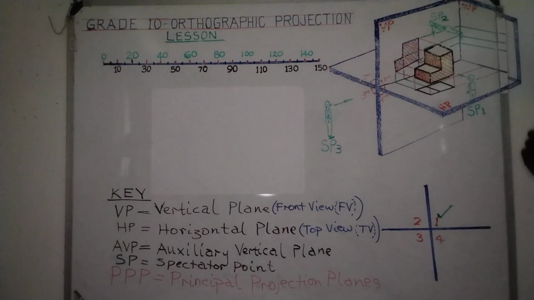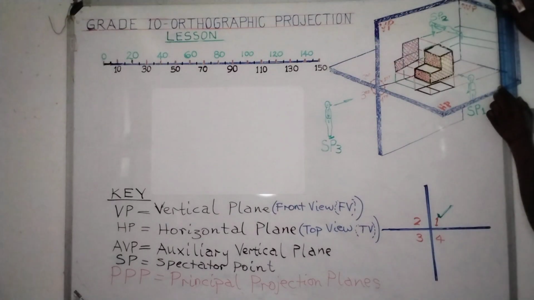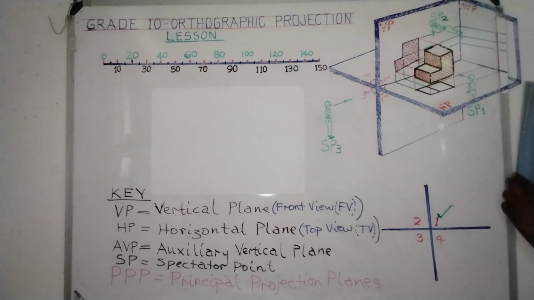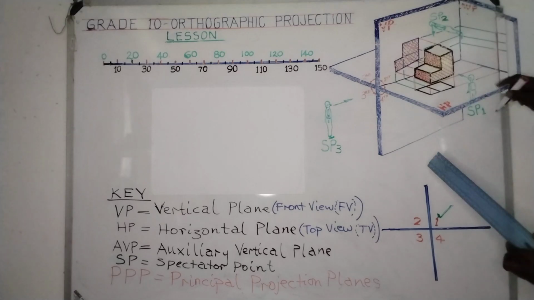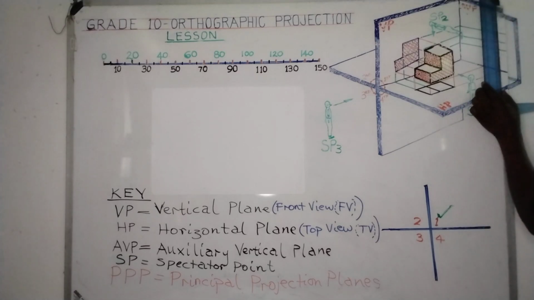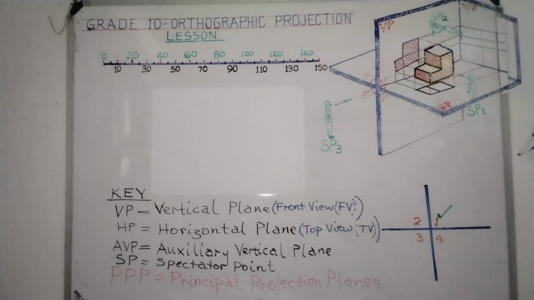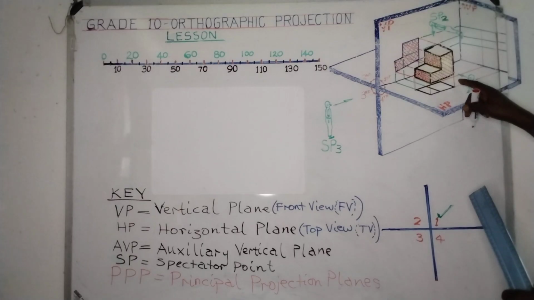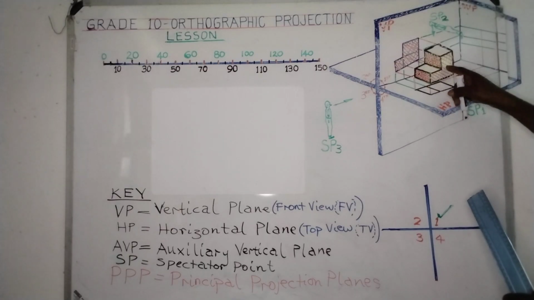So that will be our view that we see from position 3. And since this position is cast on the auxiliary vertical plane, it will be known as side view.